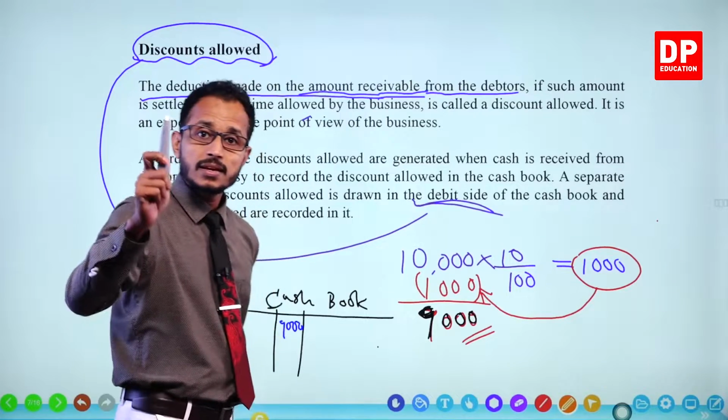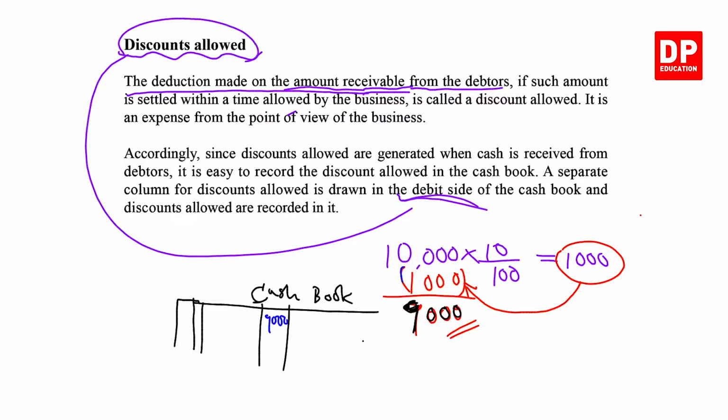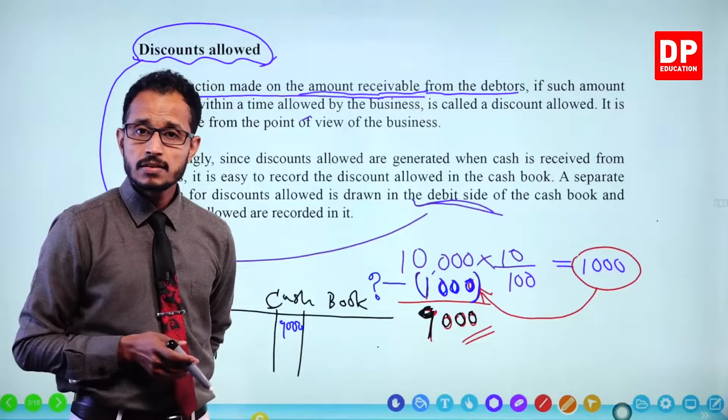But what about that 1,000 which was deducted, which was subtracted? What about this 1,000? Any idea?